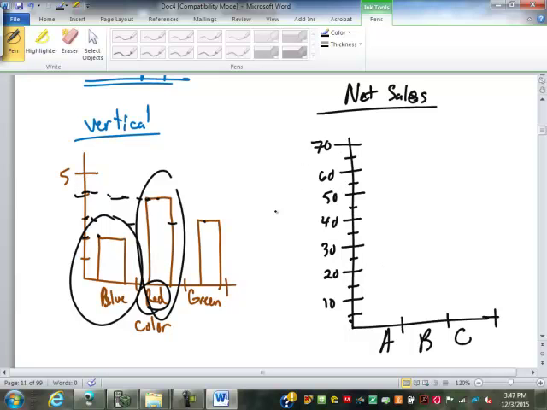And technically this is sales in thousands. So this isn't really 50, it's 50,000.